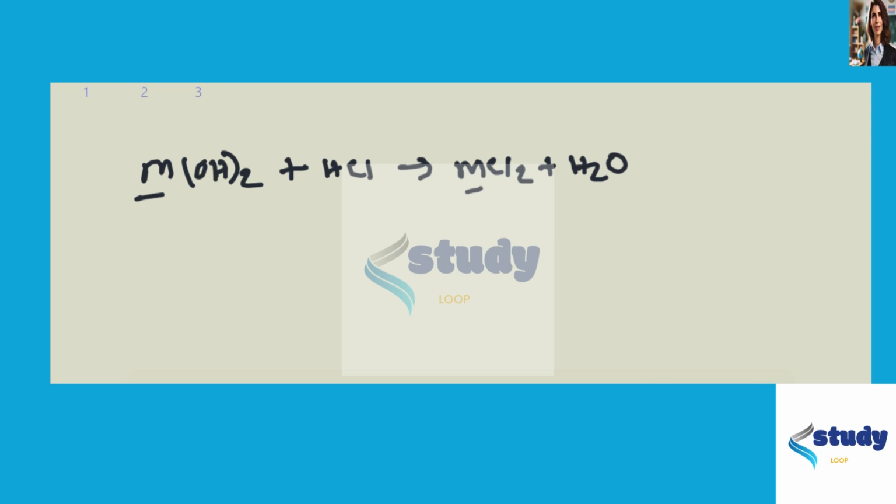Then we have one chlorine here, but two chlorine here. That means we will need two chlorine here. And then that means we now have 2 plus 2, 4 hydrogen here, but we have 2 hydrogen here. We'll place a 2 here, and then we have 4 hydrogen on each side, and we have 2 oxygen on each side. So this is our balanced equation, and from the balanced equation you can see that 2 mole of HCl will react with 1 mole of the metal hydroxide.